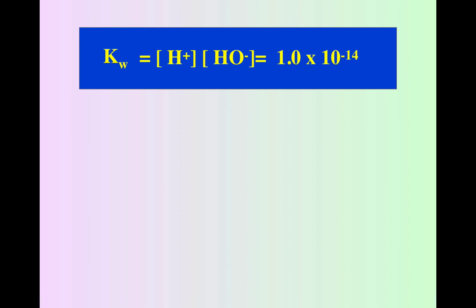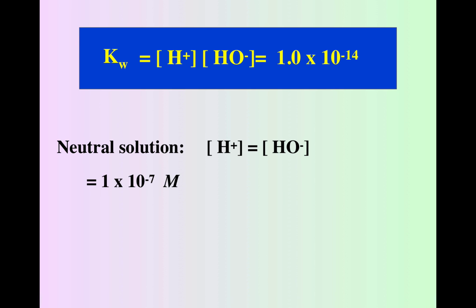And if we're talking about water autoionizing, water turning into H plus ions and hydroxide ions, they're equal in concentration. When we're talking about neutral water, the H plus concentration is going to be equal to the hydroxide concentration. So 10 to the negative 7 times 10 to the negative 7 is equal to 10 to the negative 14.